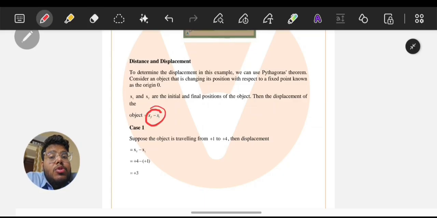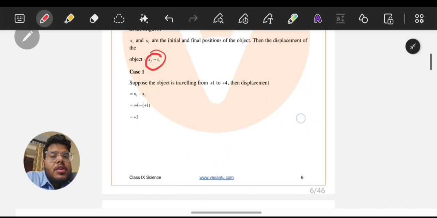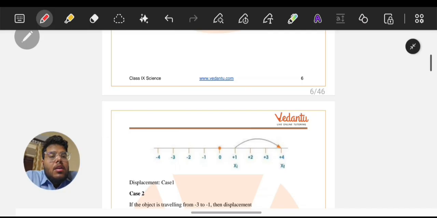The x final is the position of an object which is in motion with respect to the origin, which we study with the help of a number line system. Now let us take an example of case first. An object starts from +1 and moves to +4.